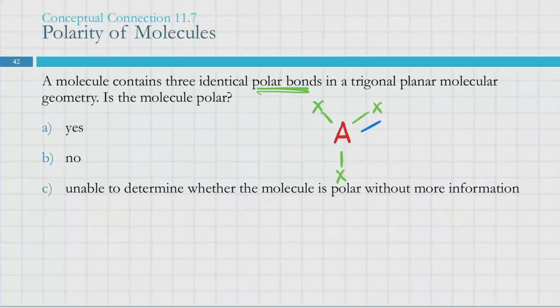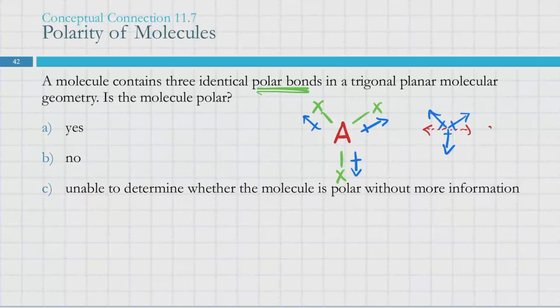If they're all identical, then the arrows should all be the same length, which I'm doing a terrible job of. So it would look something like that. And the arrow up to the left and up to the right, if I had drawn them well, are going to have a left and right component.